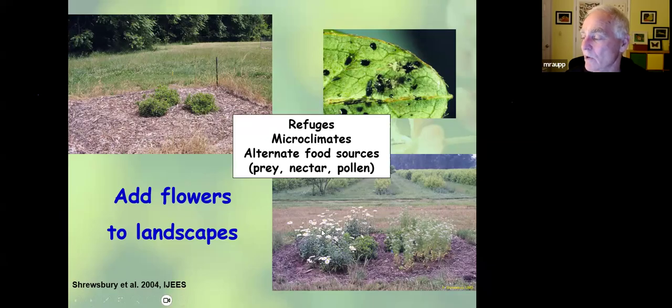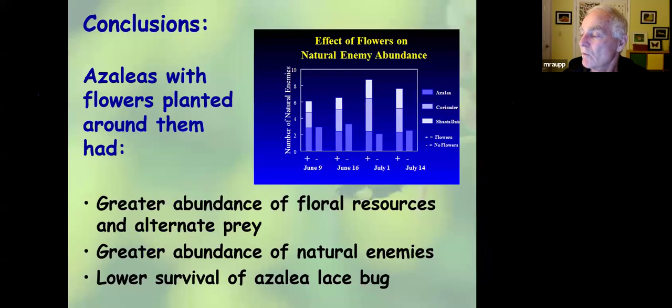Well, what happens when we add these flowering plants? We provide microclimates because now we have shade. We have alternate food sources. We have nectar and pollen, but we also have prey that come in to feed on these flowers. So there now are prey here for predators. What happens is we quadruple the number of these natural enemies.